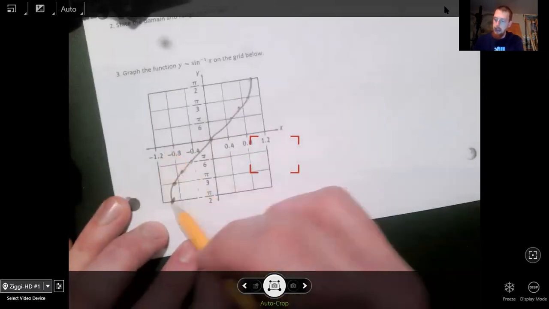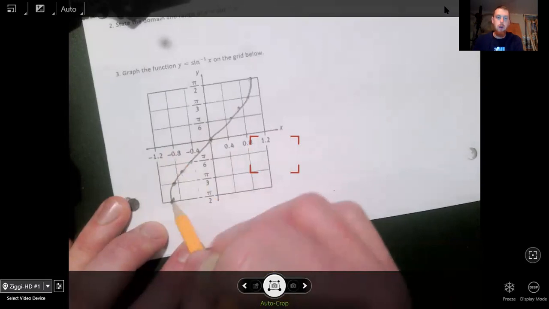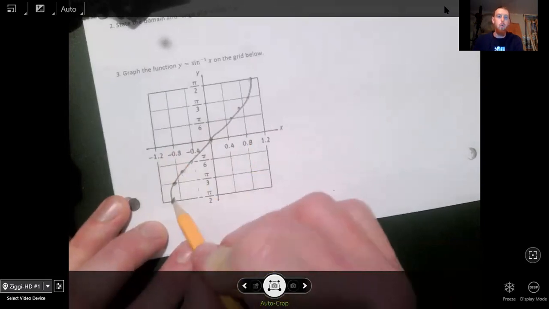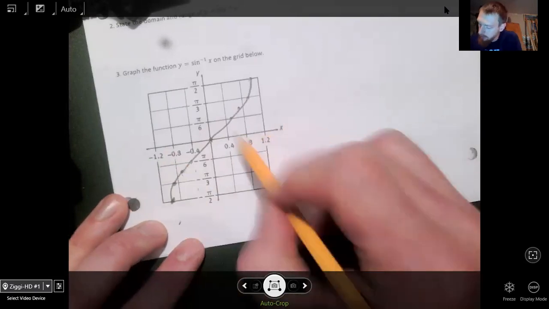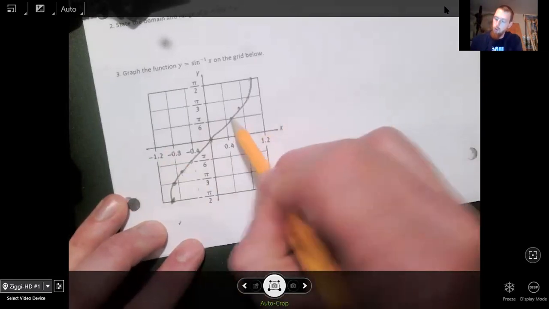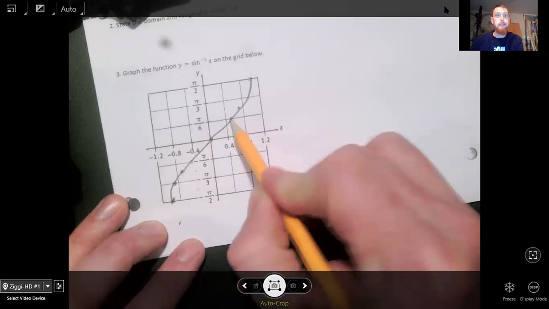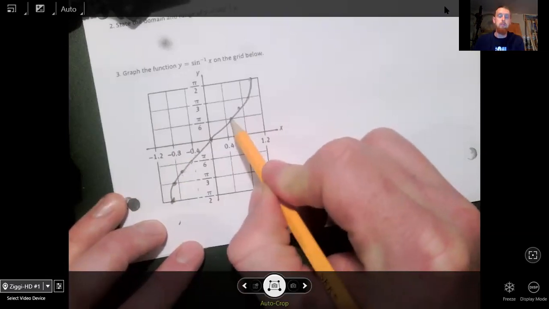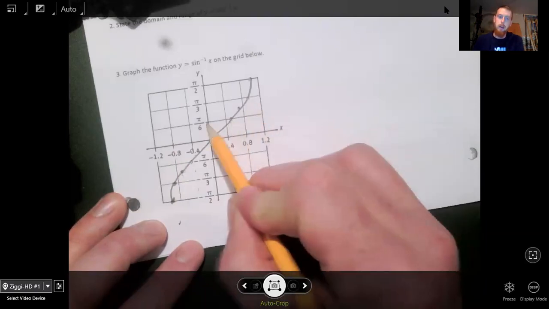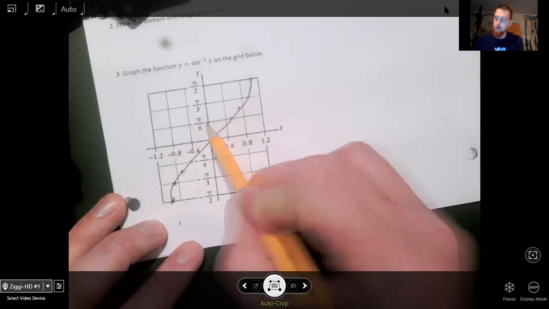Well, I'm using the angle -pi/2. I'm on the negative y-axis. When it's easier to see this one, okay, that's 0.5. When the answer to the sine of x is 0.5, what angle have I been finding the sine value of? Well, that's when the angle is pi/6. Sine of pi/6 is 1/2.